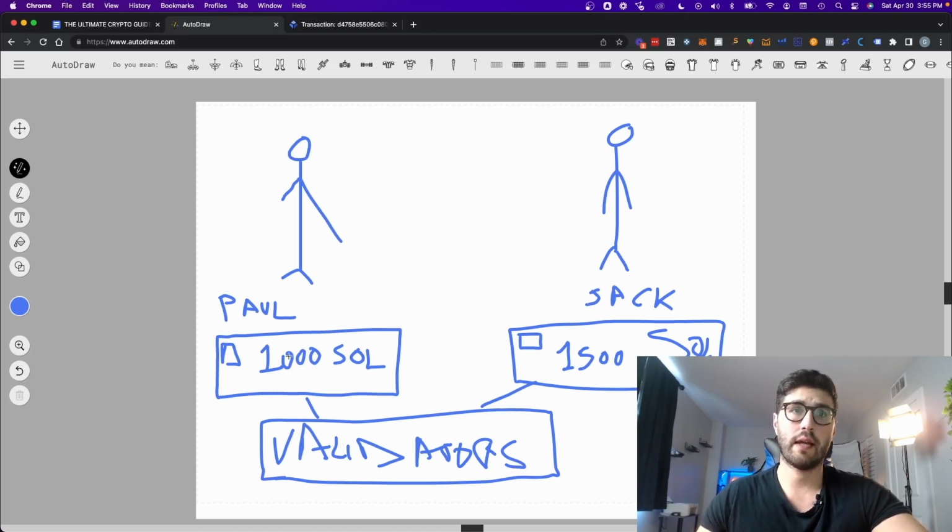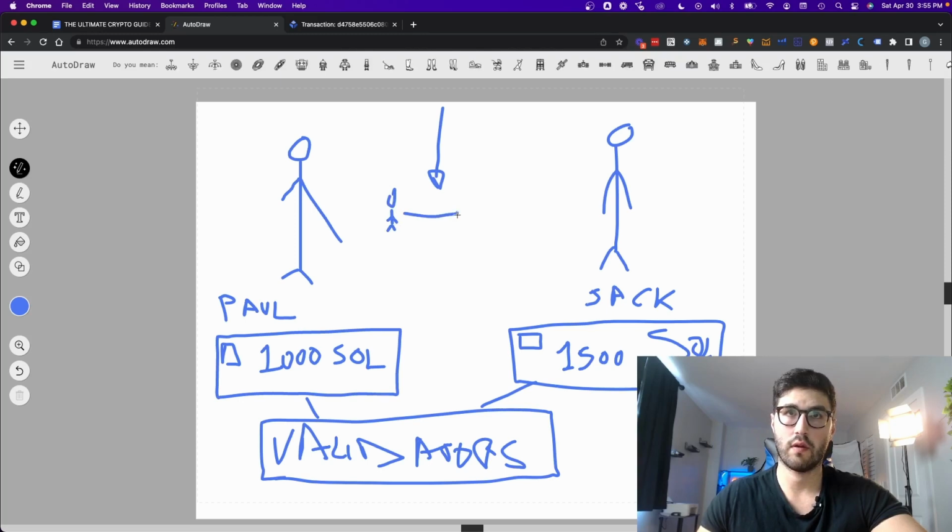So let's say that a transaction comes into the network. Okay, this is a transaction that basically comes in. And there is this person right here that wants to send this other person right here some Solana, some coins.